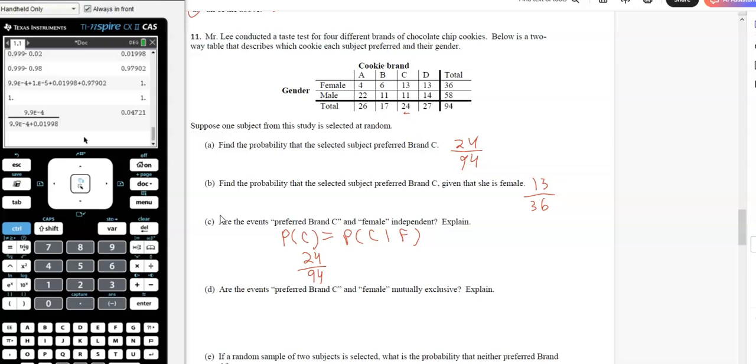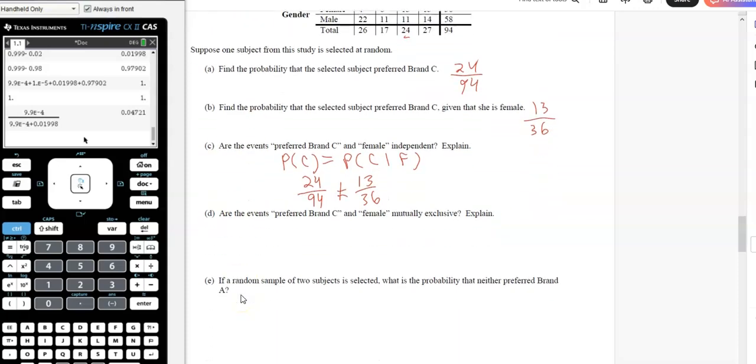Oh wait, did we just figure out these two things? We just figured out that one and given a female, brand C, so 13 out of 36. Well, I mean, that was almost 3 times as much. That's not nearly 3 times as much. So those aren't equal. You can type it in your calculator, but they don't work.